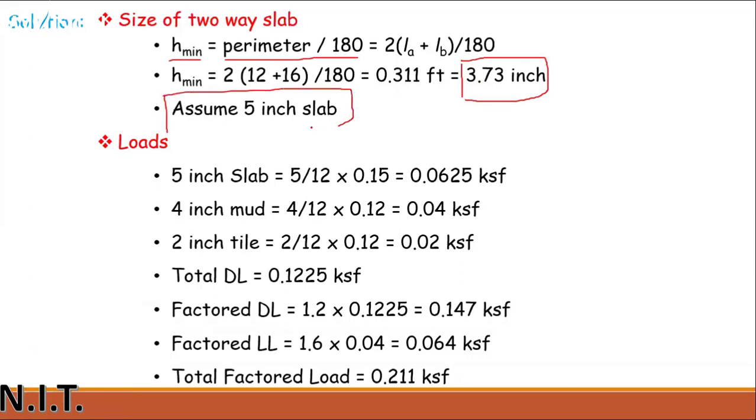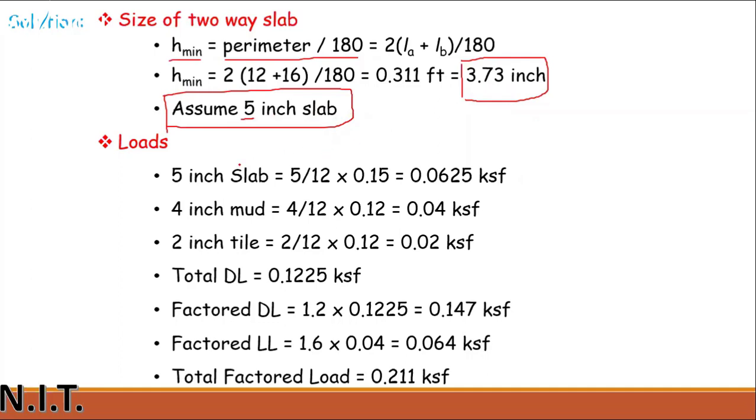We have to assume a thickness greater than this value, approximately, on the best of our knowledge, so we assume a 5-inch thick slab so that we can design it efficiently and provide a sufficient compression zone. That's why we have selected a 5-inch slab, which is a little greater than this value.